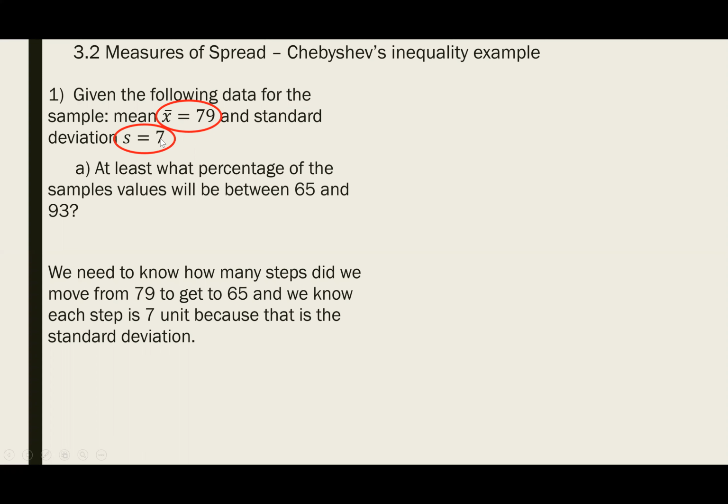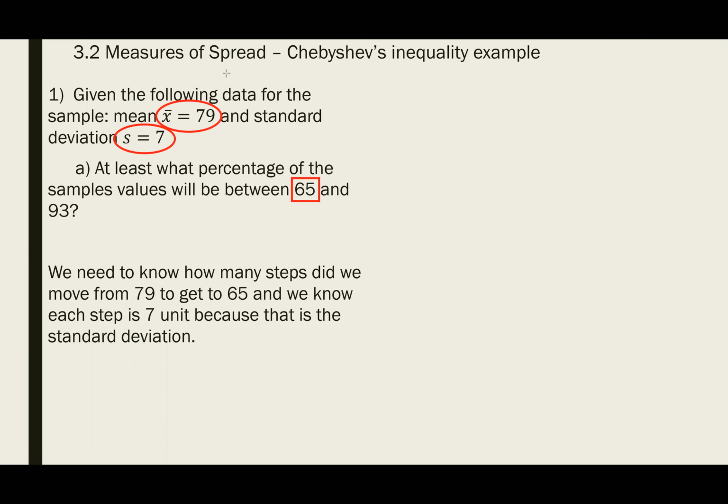If I go to the right, I need to add 7. So how many steps do I need to take from 79 to get to 65? How many units do I need to move from 79 all the way down to 65?